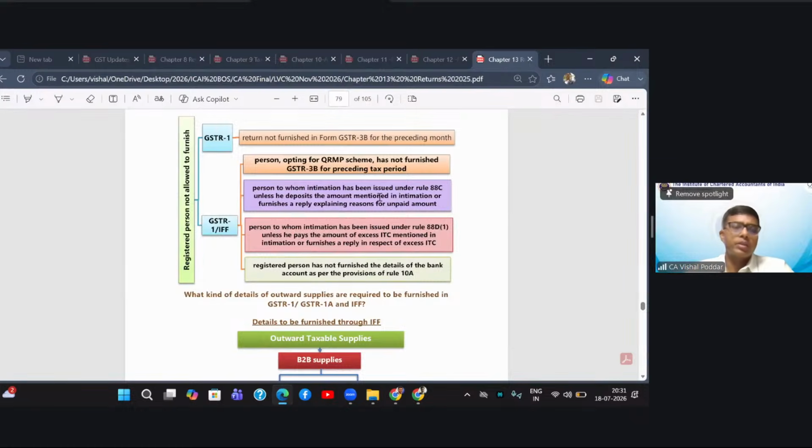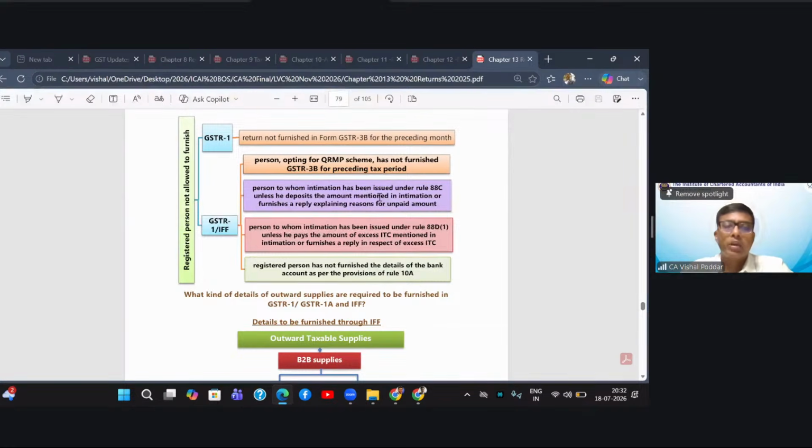Now, whatever is the amount mentioned in this notice, either you have to give your explanation, which if accepted, no problem. Second, if you are not able to give a proper explanation why you have not paid this, then you will have to pay the amount, and only once you pay the amount will you be eligible to file your next month's GSTR1 or do the IFF.